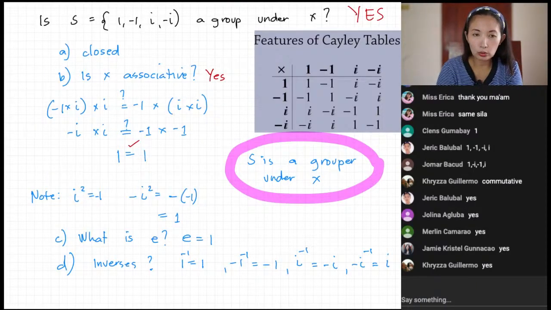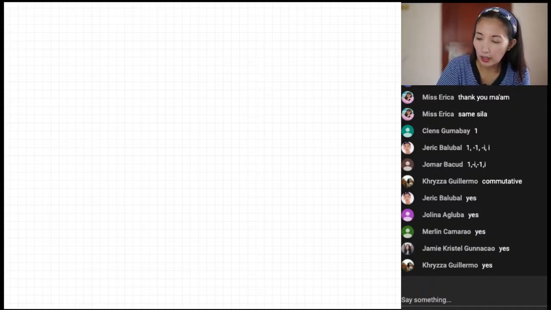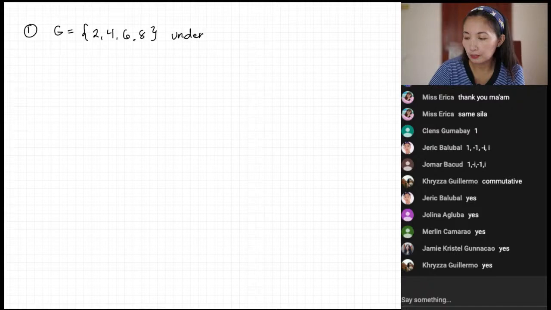Now, I took note of some of your common mistakes in the examination. We begin with number 1, which involves a Cayley table. There is one item in your examination: the group consisting of the elements 2, 4, 6, and 8 under multiplication modulo 10.